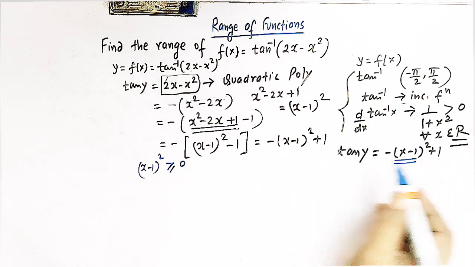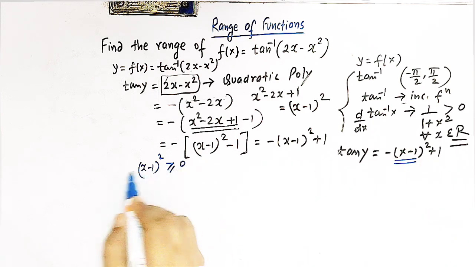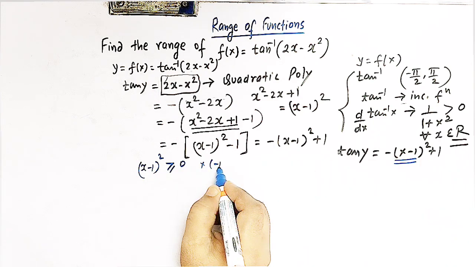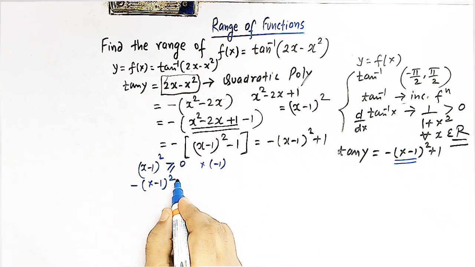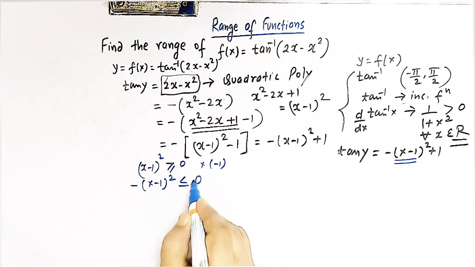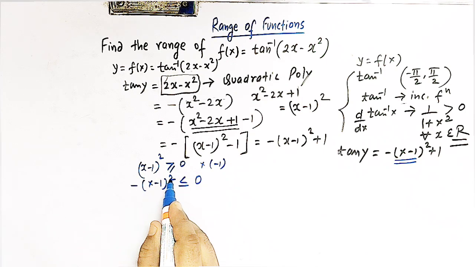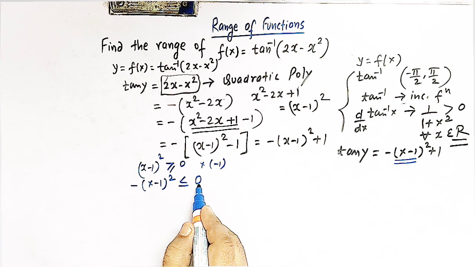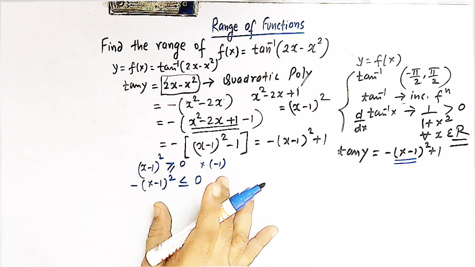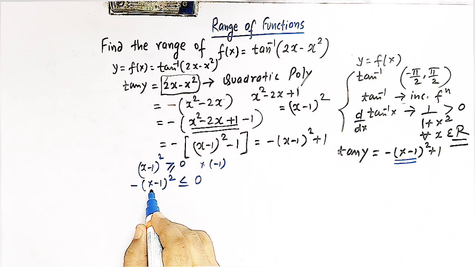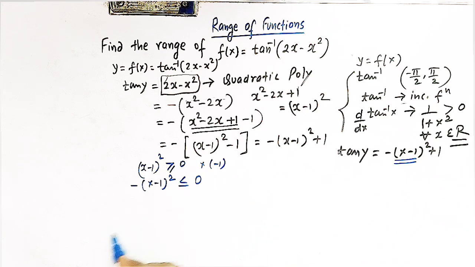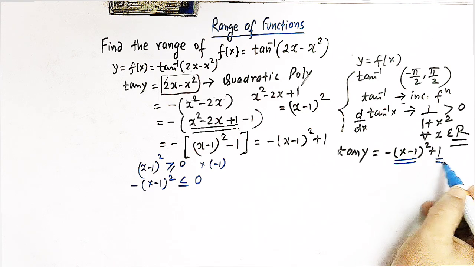Okay, now what we'll do, we'll multiply both sides by minus 1. When we multiply both sides by minus 1, we have the reversed direction of the inequality. So we have minus x minus 1 square is less than or equal to 0. So when we multiply both sides of an inequality by a negative number, then the direction of the inequality gets flipped, right? Okay, now here we have 1.